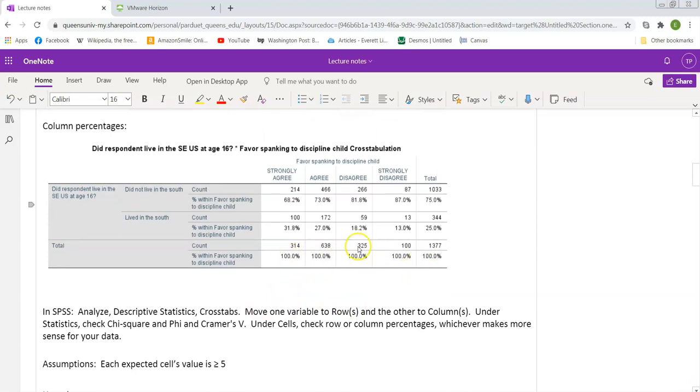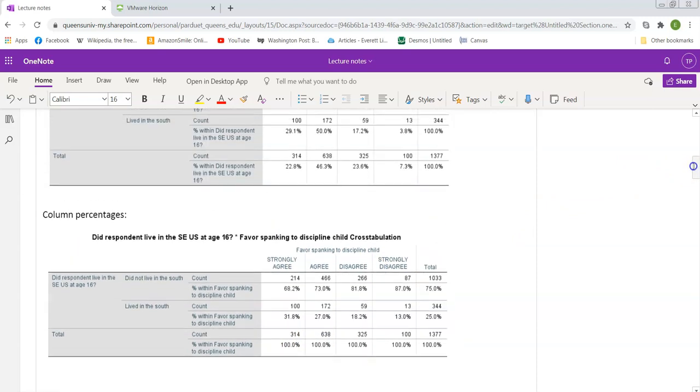You see that the 100% are down here. So this is telling you that of everybody who strongly agreed, this is what the breakdown was. So of all the people who strongly agreed, 68.2% did not live in the South, whereas 31.8% did live in the South. Okay, etc.